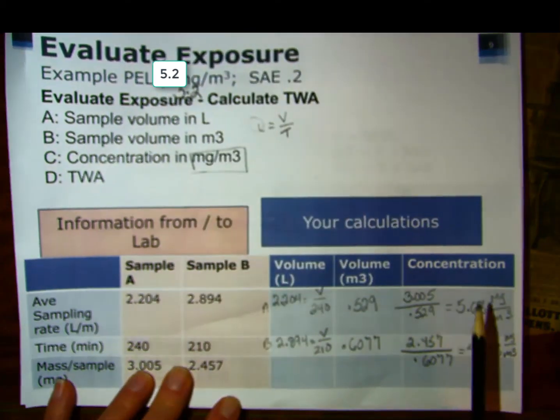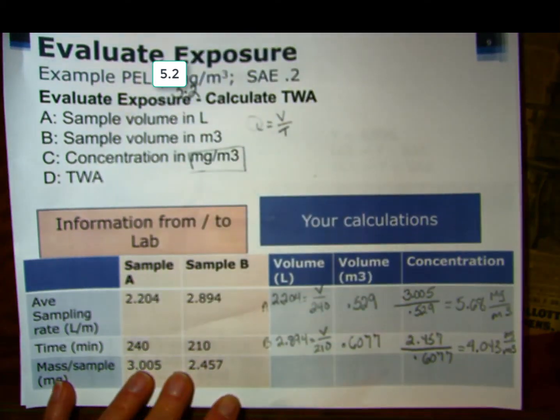So now I've calculated my concentration for both of my samples.